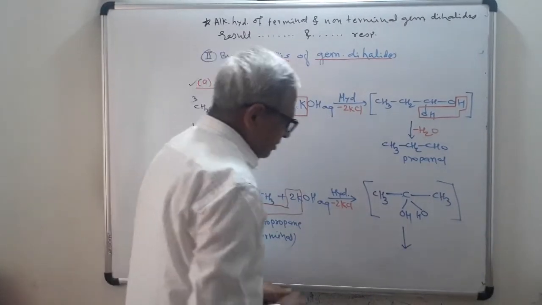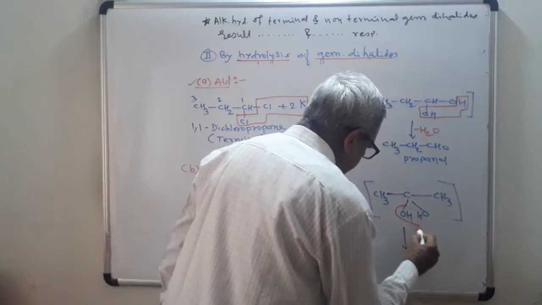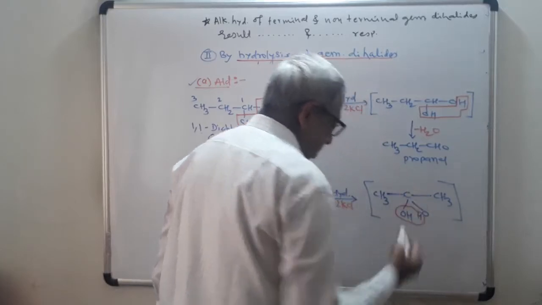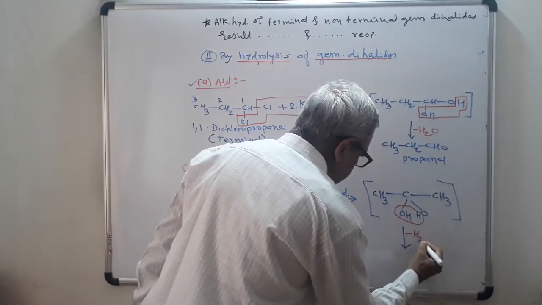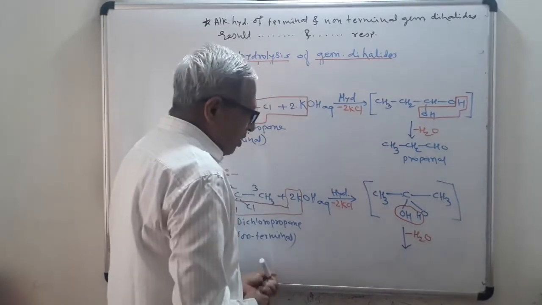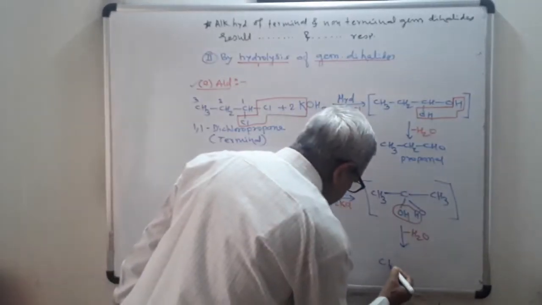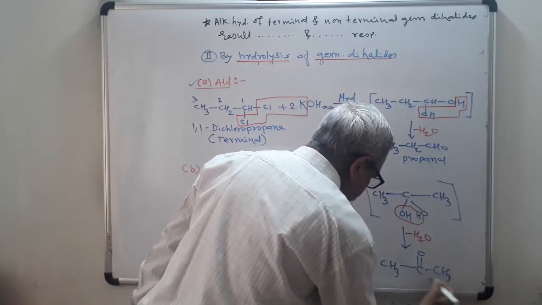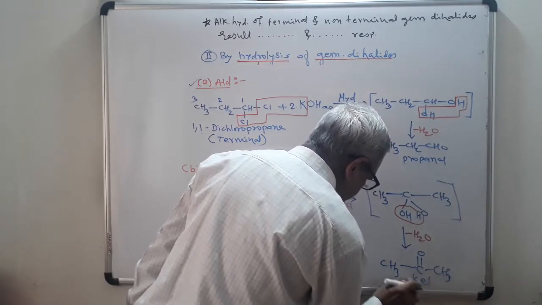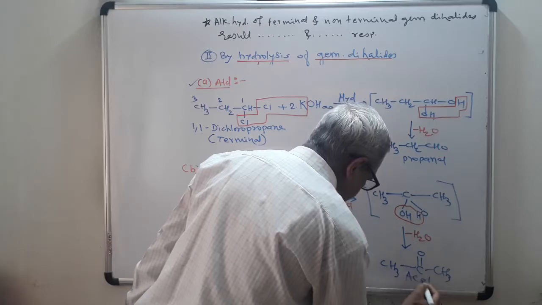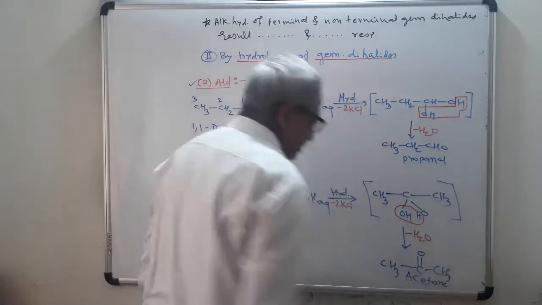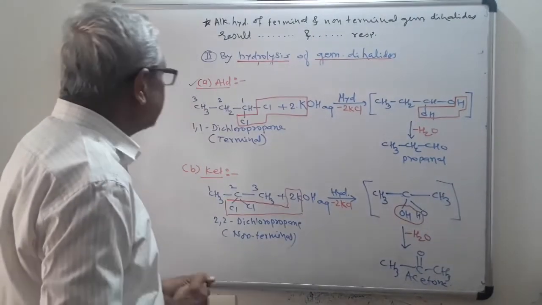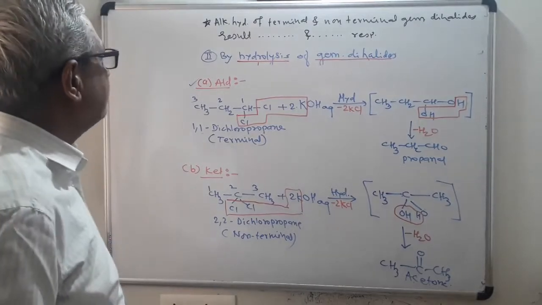You can remove the water molecule in this way, minus H2O. So what product will we get? The product is CH3 C double bond O CH3. It is a ketone, particularly named acetone. In this way, we can prepare the ketone by using this compound.